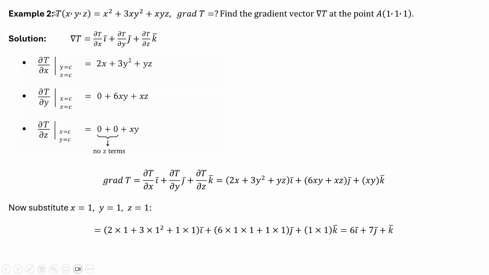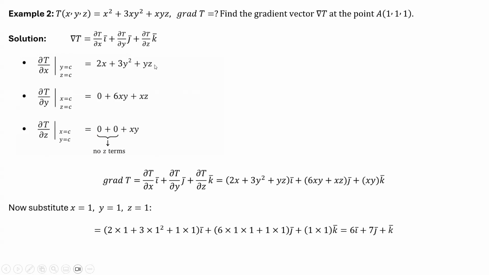Next, for this example, we have been given this function and we have to find the gradient vector at a particular point, which is (1, 1, 1). We set up the formation first and do the partial differentiation. With respect to x, where y and z are constant, we get this. With respect to y, we get this, and with respect to z, we get xy.